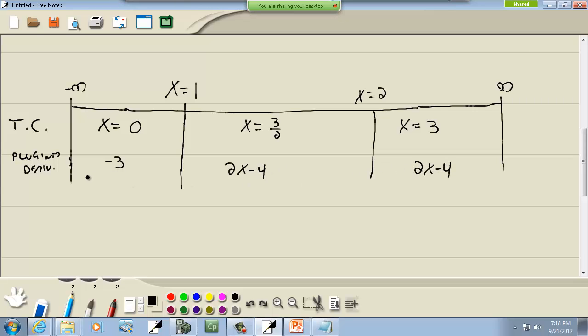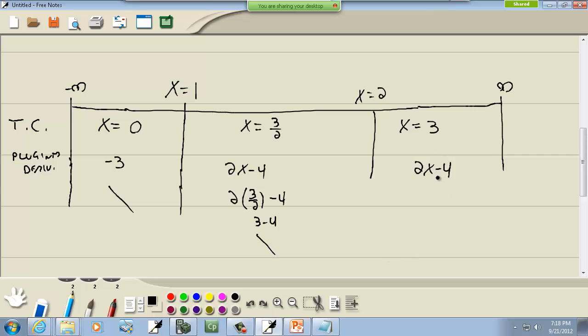Okay, so let's see what we get. This one, there's no x to plug into, is it? It's negative, so it's decreasing. And this one, if I put 3/2 in, 2's cancel, and I got 3 minus 4, which is negative, so it's decreasing.